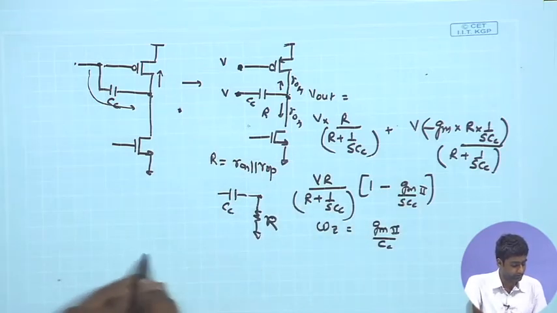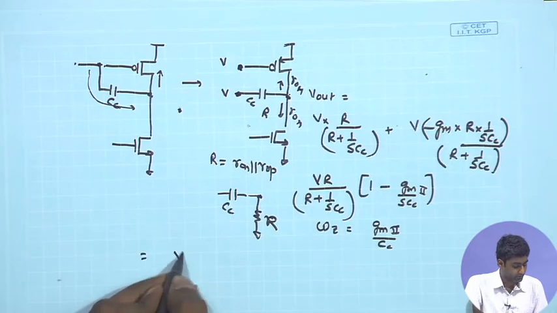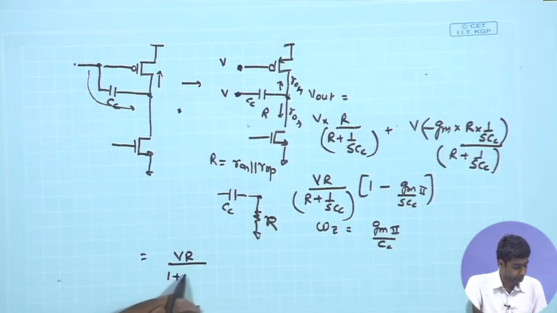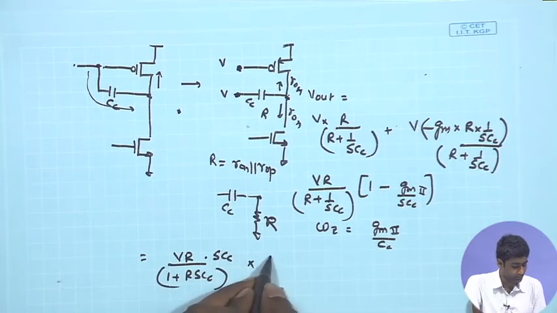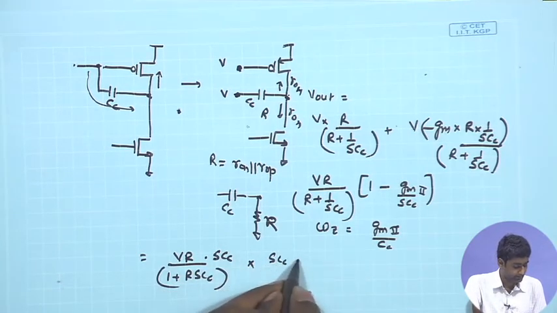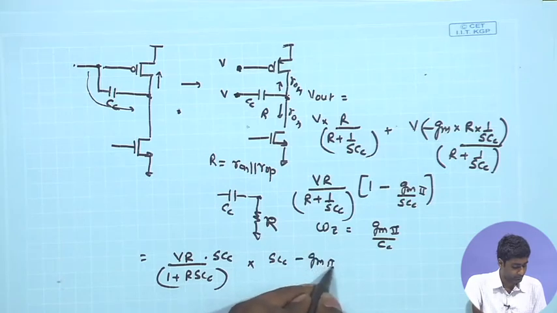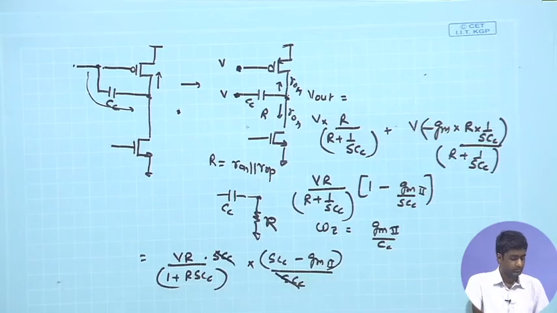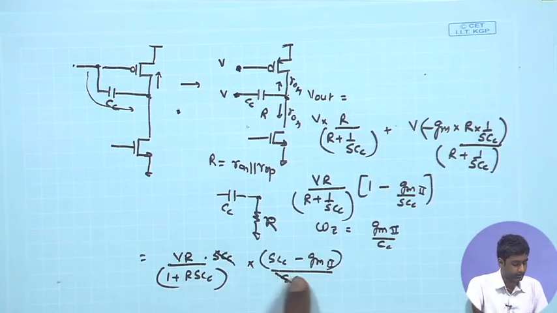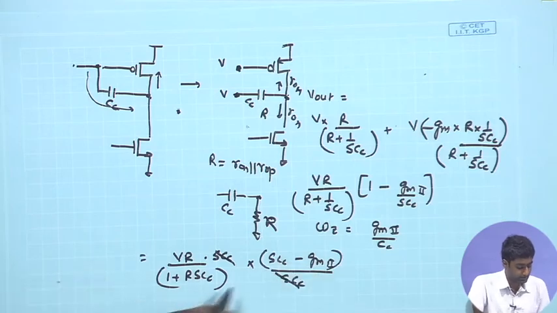Let me simplify this a little bit further and arrive at a relatively simplified expression. So, you have SCC minus GM2 upon SCC. This is the overall expression we are obtaining, and then I can take out CC from here.